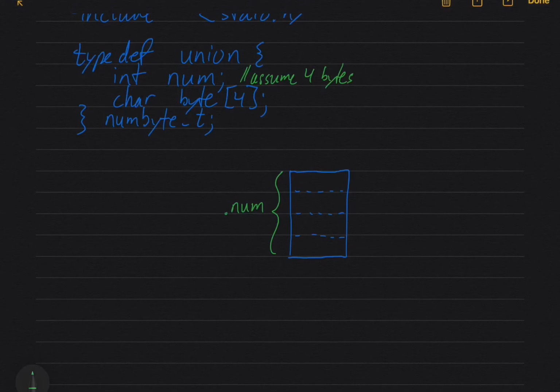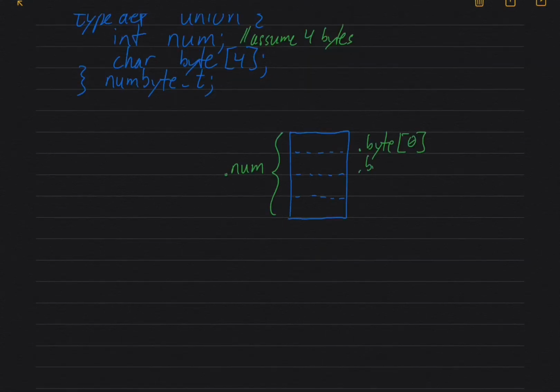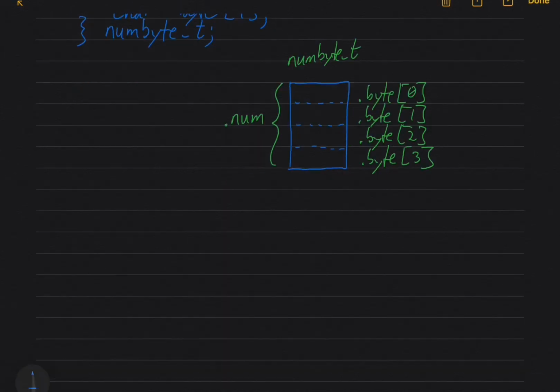But then we've got this array of chars with the name byte. So byte element 0, byte element 1 will go in the next location, byte element 2, and byte element 3. And this whole thing is our num_byte_type, how it's going to be laid out in memory.